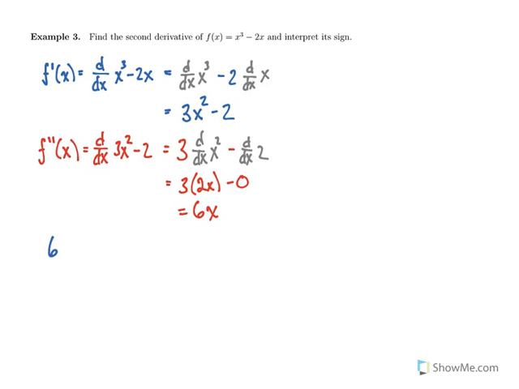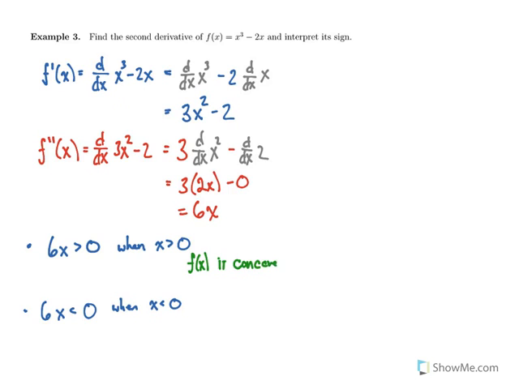So know that 6x is going to be greater than 0 when x is greater than 0. And 6x is less than 0 when x is less than 0. So that means that f is concave up.